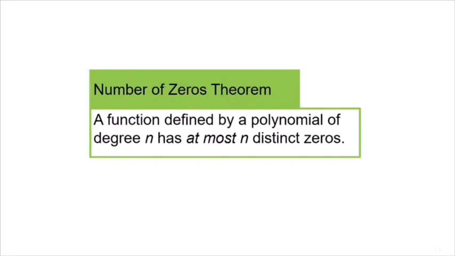And then we also have the number of zeros theorem. This says a function that is defined by a polynomial of degree n has at most n distinct zeros. Now, by distinct, we mean different. So a polynomial of degree 3, for example, could have up to 3 different zeros, but it can't have more than that.